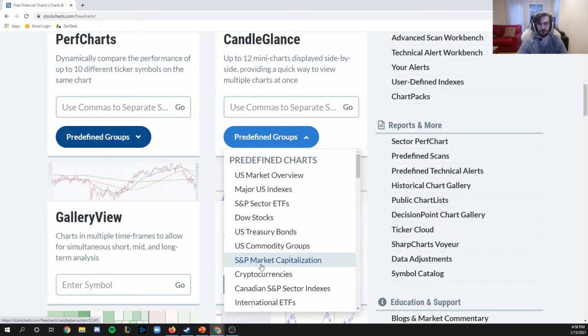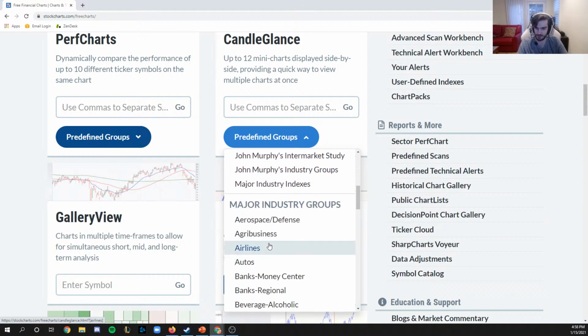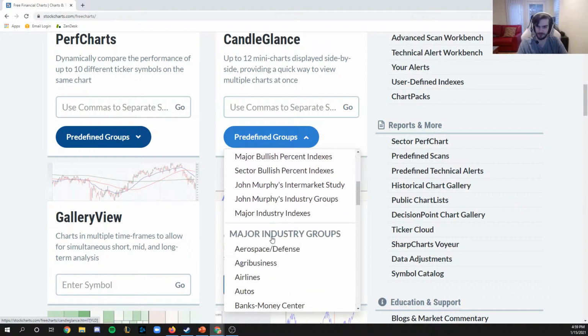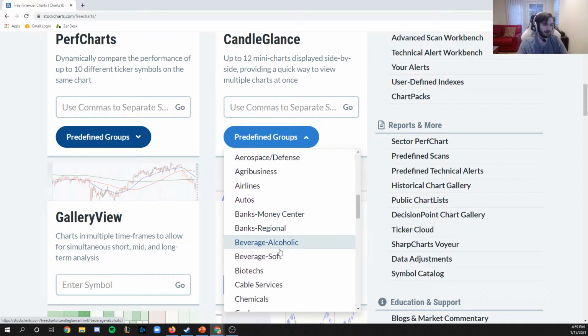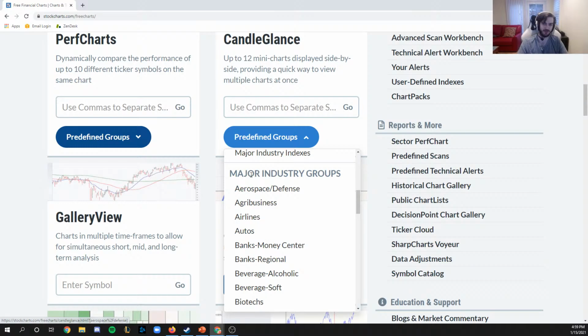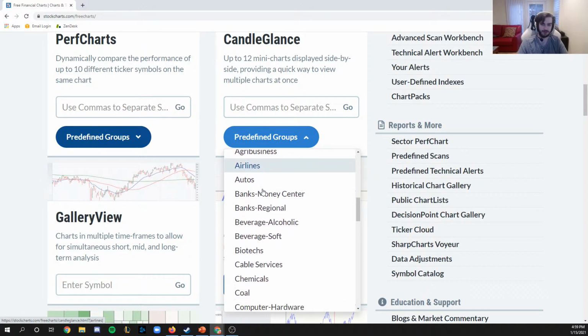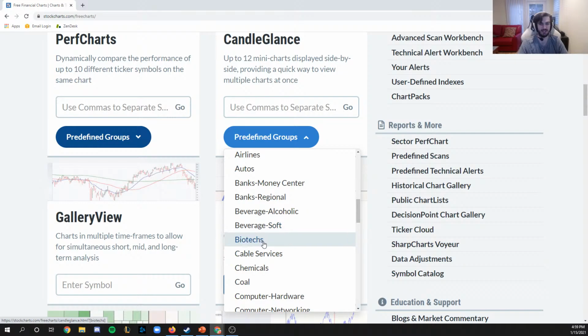Sorry, there is one more I do want to share. Someone was asking before about where you can find the industry groups. You can find the industry groups down below. However, these are not going to give you an ETF.